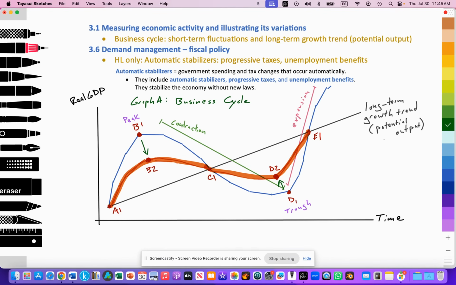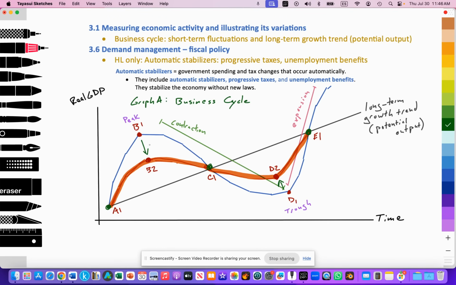For the United States, natural rate of unemployment is about 5%. We're employing 95% of our labor force. So on average, our productivity can be achieved at point A1, point C1, and point E1. We're at that long-term growth trend. We're at full potential GDP.